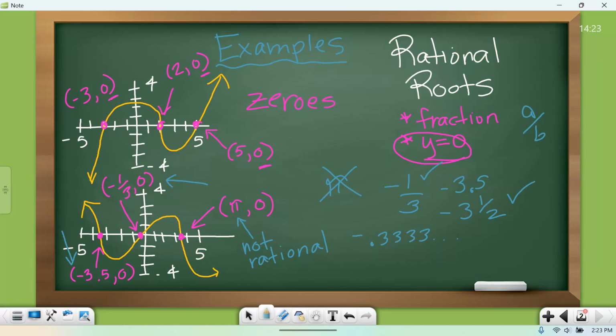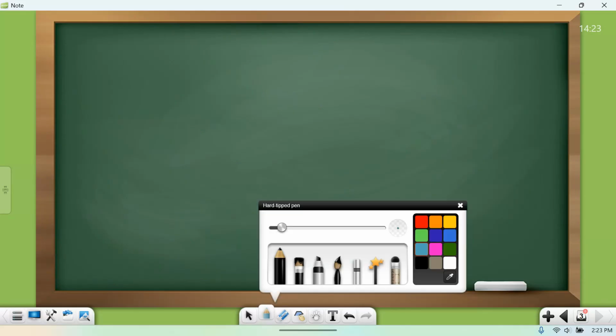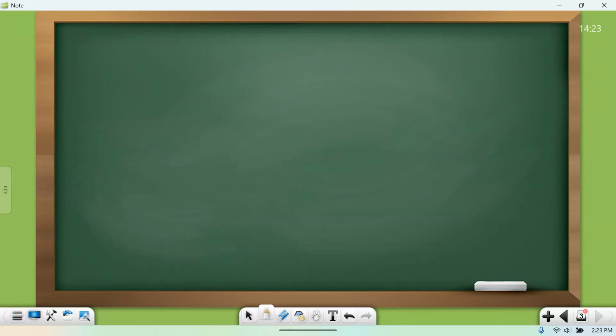Now let's actually get into looking at how we find rational roots. The rational roots theorem is very complicated, and I'm going to shorten it here and truncate it a little bit so that it's not so long. I want you to be able to understand it without having to read a lot of extra text.